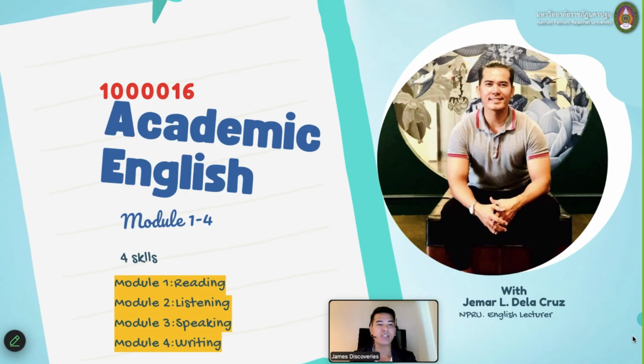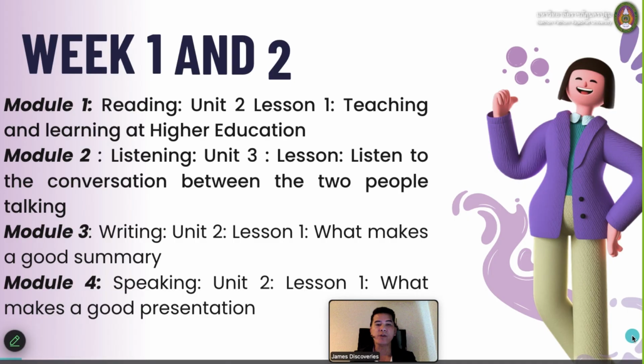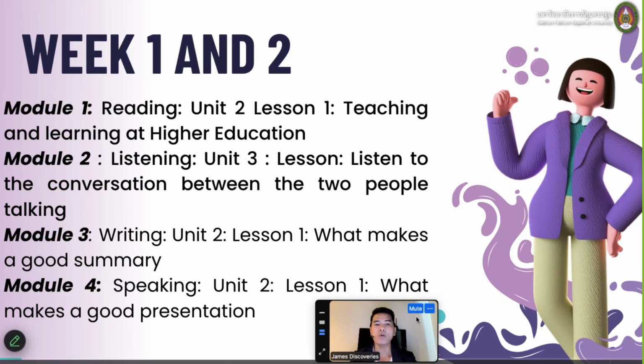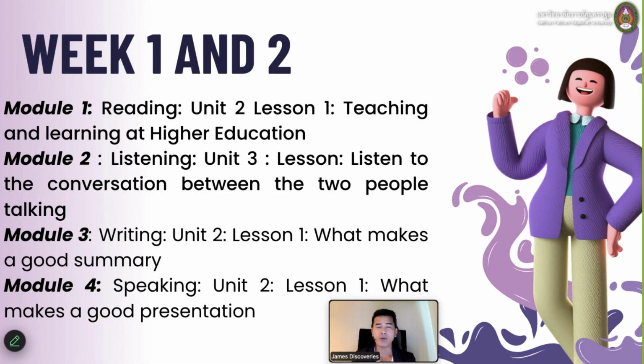As we proceed, you're going to learn the four skills from this course. For weeks 1 and 2, you're going to learn reading for Unit 2, Lesson 1, Teaching and Learning at Higher Education.